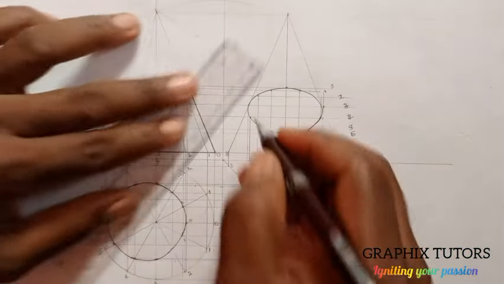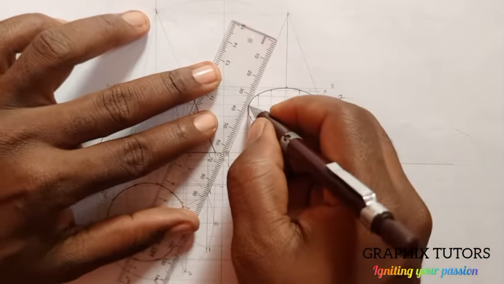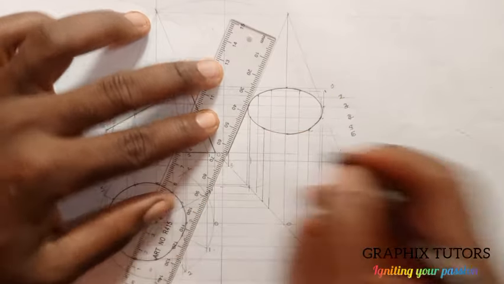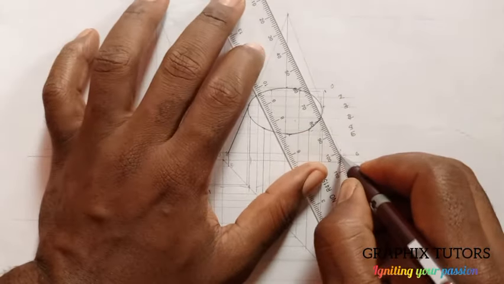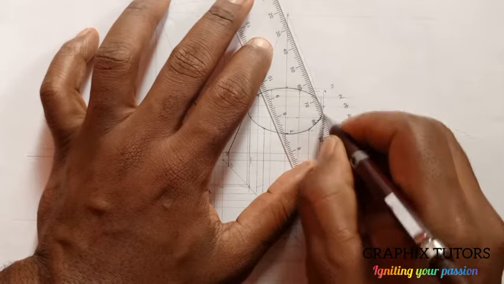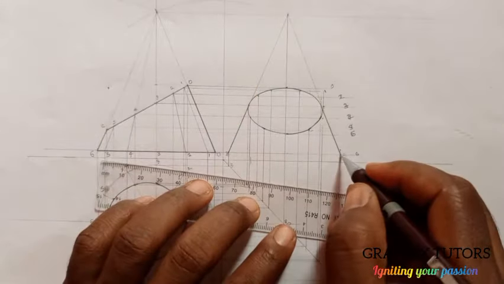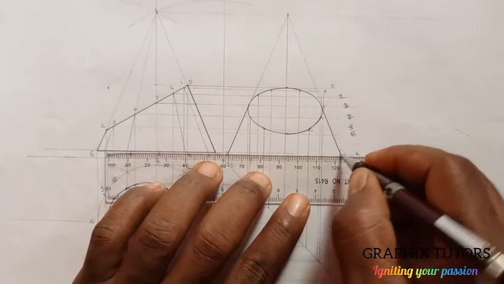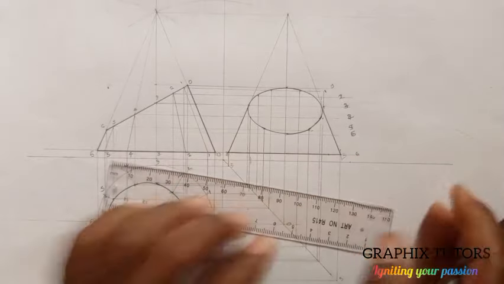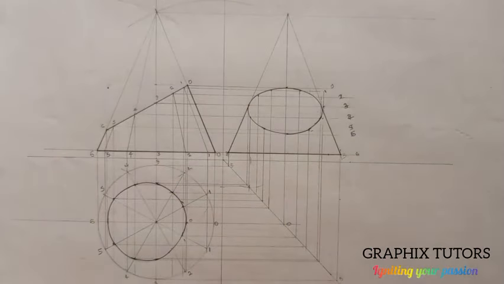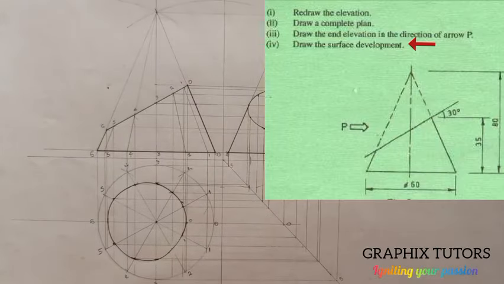Then I'll take in from this end here to this end. Then from this end here to this end. Then I'll close the base. So this is what we're told to do, right? That's the end elevation. Now the next thing we're told to do here is to draw the surface development.